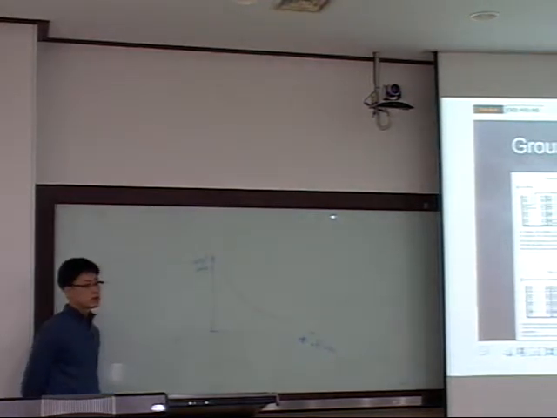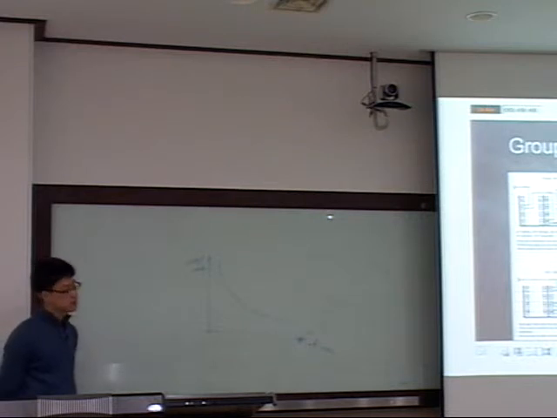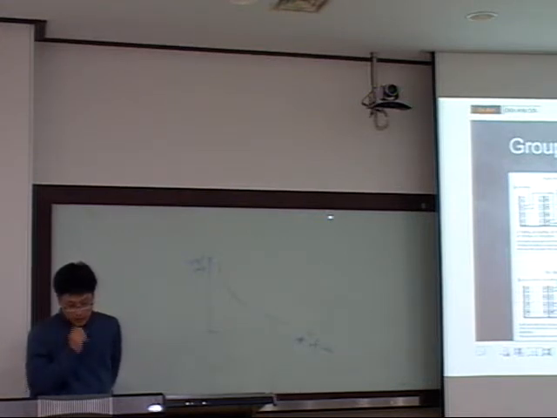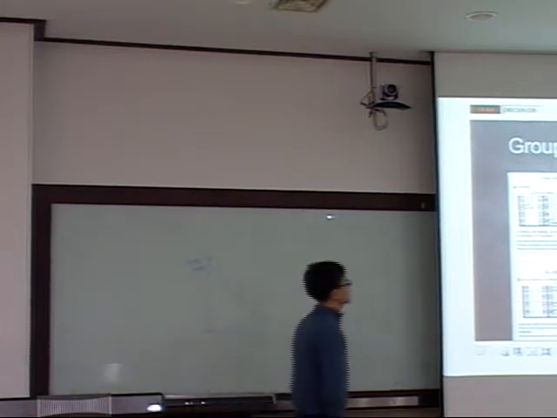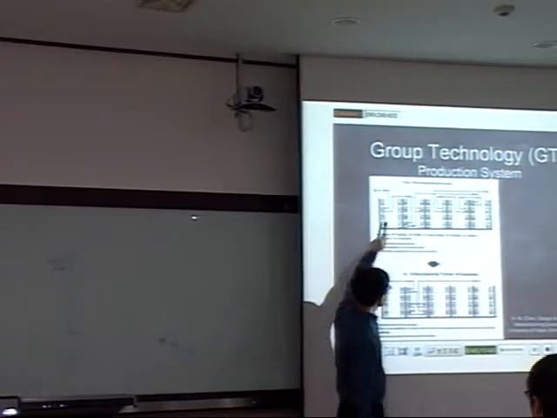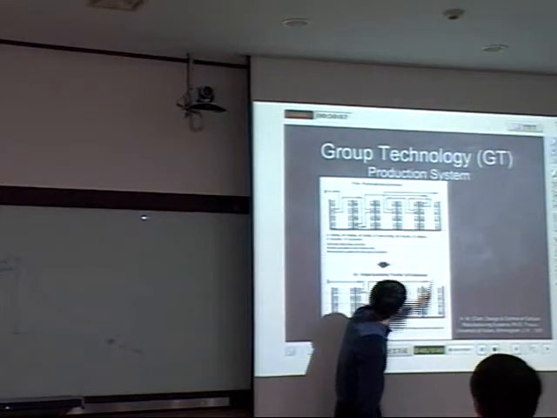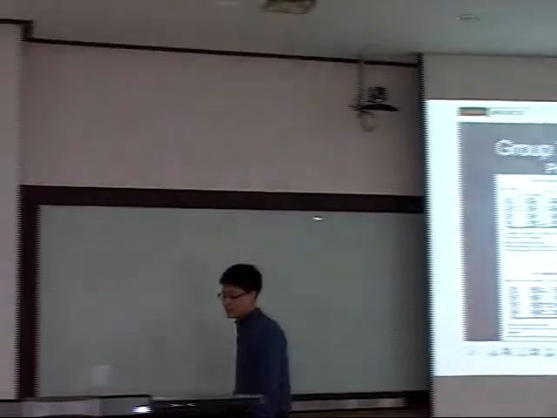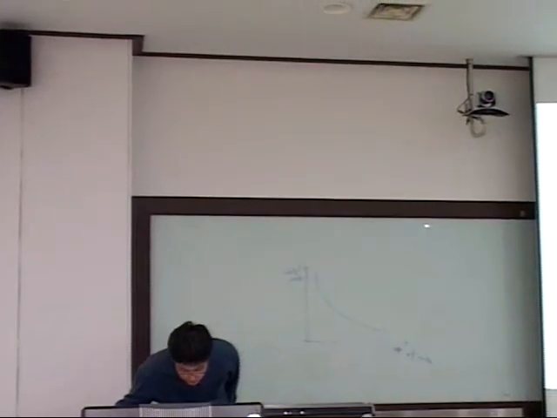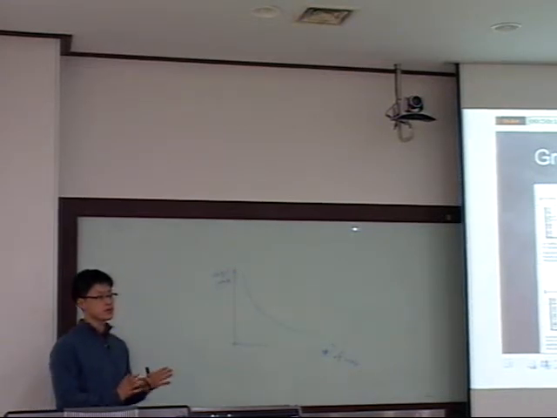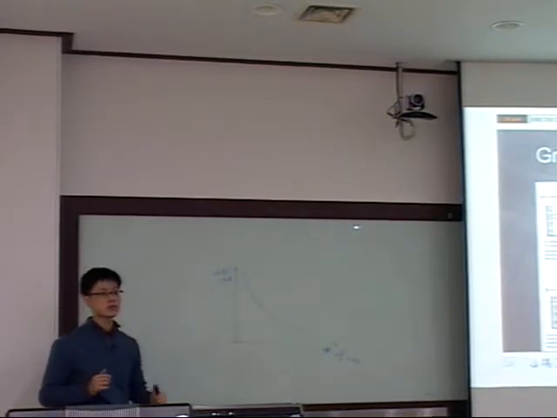Okay. In your paper, it is well explained with this figure. I think this is a lathe and milling machine, drilling machine, and broaching machine and some machines. All the same machines are grouped into the same single cell.